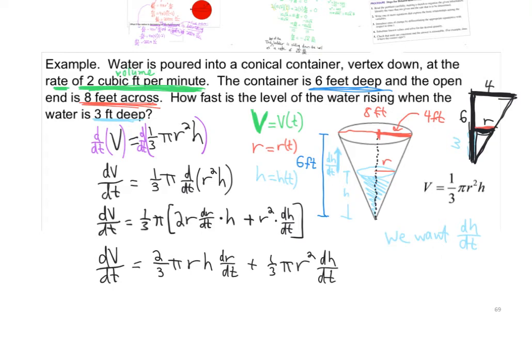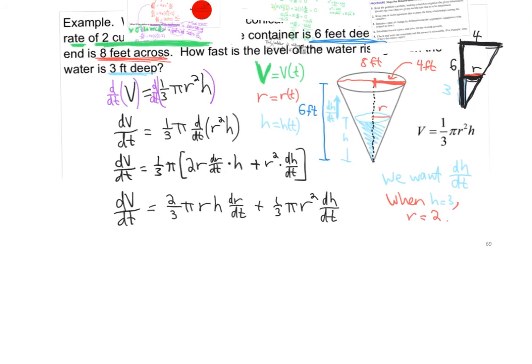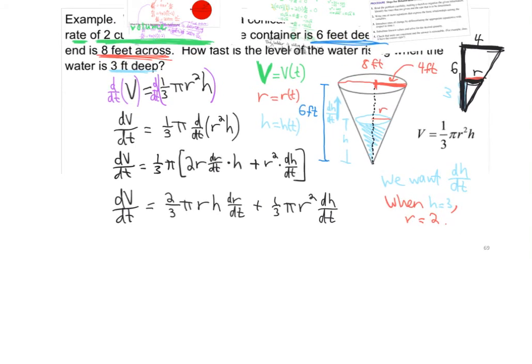Okay, what that tells us then is when h is 3, r is 2. Great. So we have h is 3, r is 2, dV/dt is 2. And we want dh/dt. Great. That means we can plug in everything we know and finish the problem.